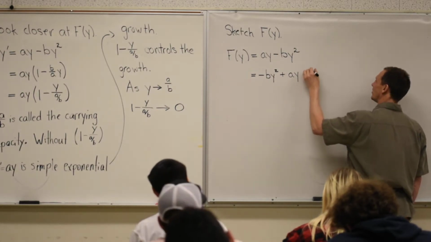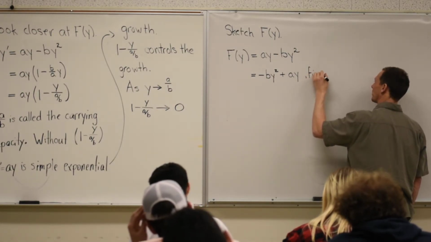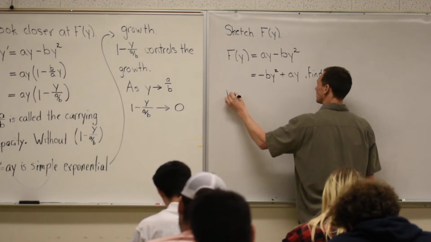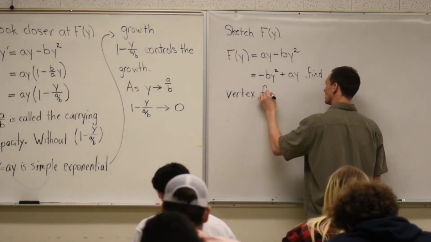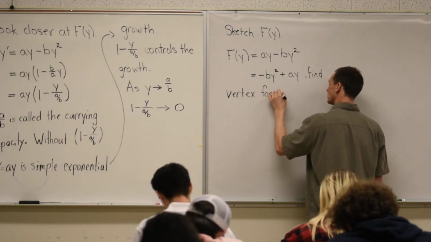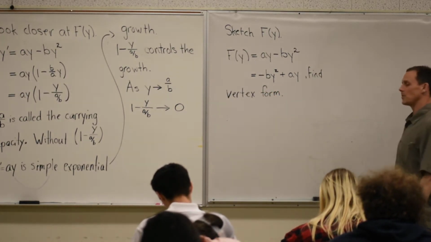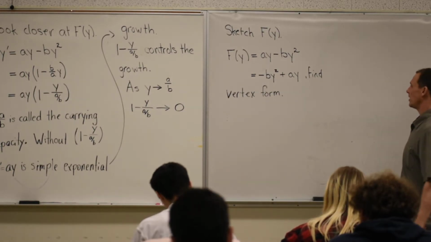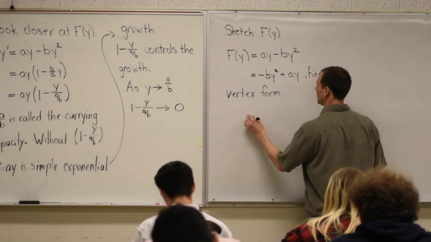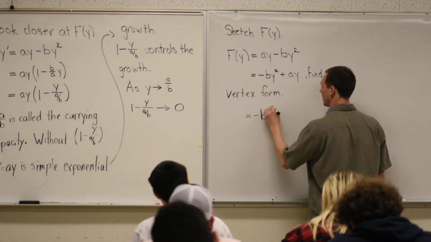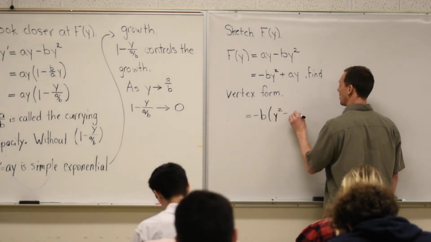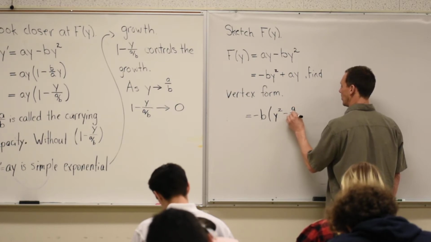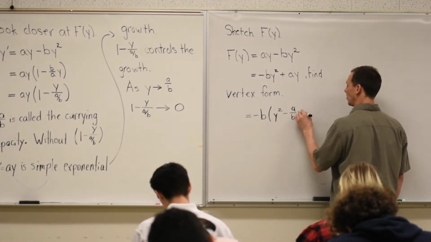And let's find the vertex form. Okay, let's find the vertex form of this. I'm going to factor out a minus b. That's going to leave me with y squared minus a over b times y.